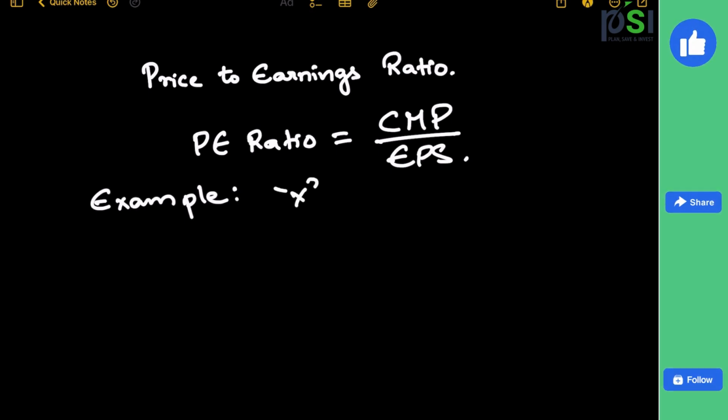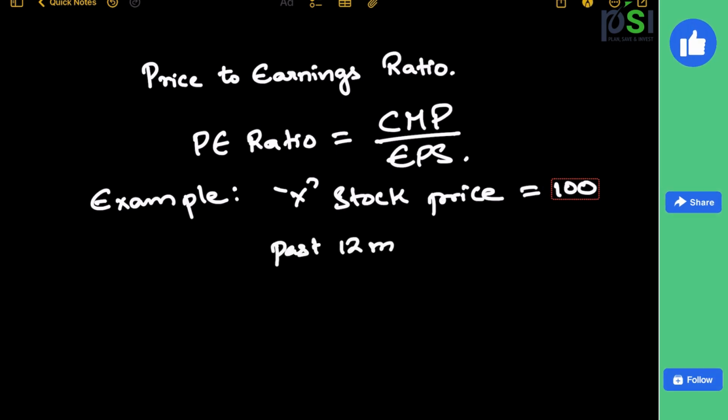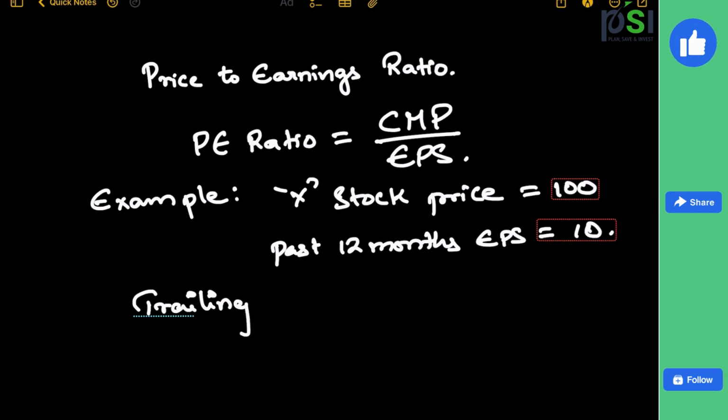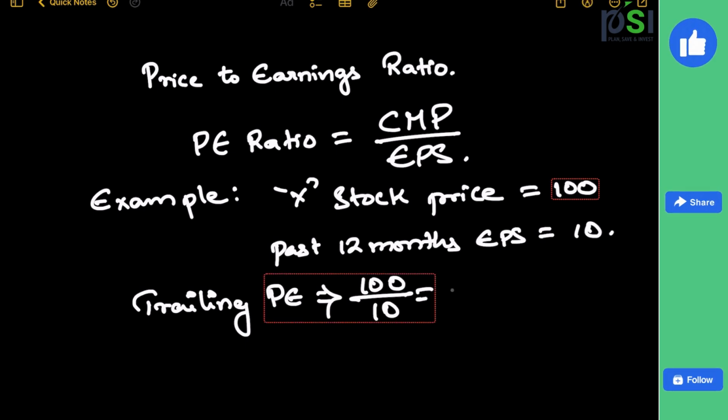X stock price is equal to 100. Past 12 months EPS is equal to 10. So trailing PE is equal to 100 divided by 10, which is equal to 10. So for every 1 rupee of earnings you are paying 10 rupees from your pocket.